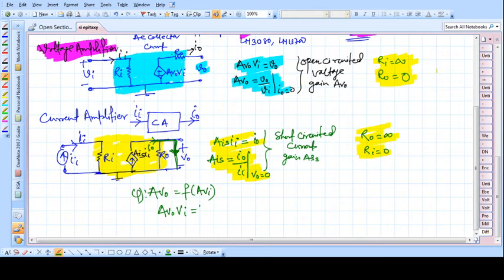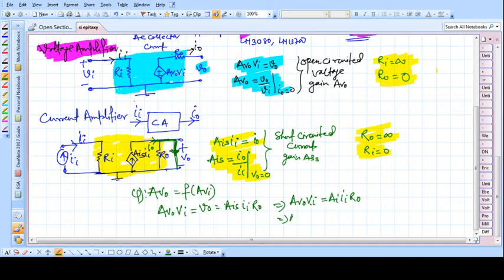This one is nothing but simply V naught, so this can also be written as AIS Ii into R naught, or you can simply write AV naught Vi equals AIS Ii into R naught.